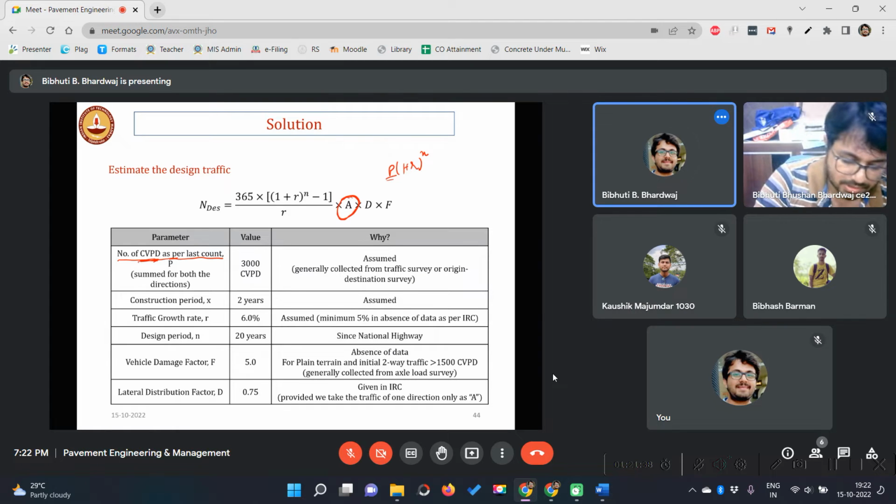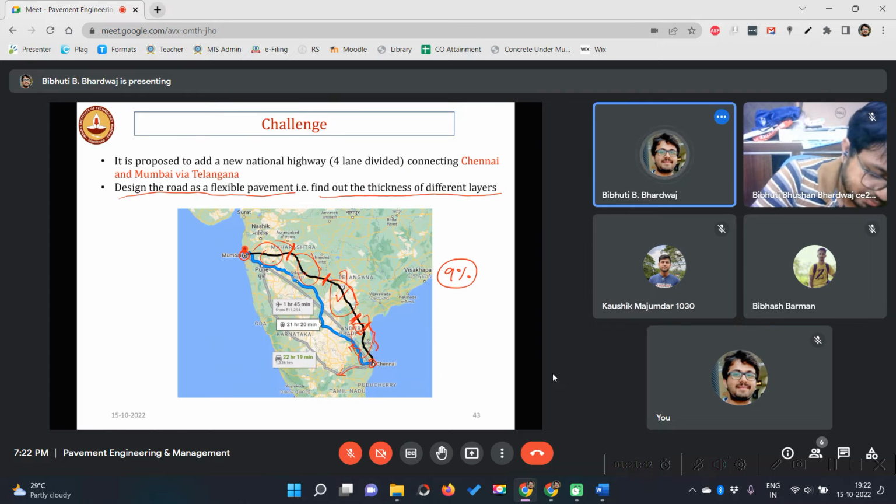Okay. So, but the other thing you have to notice here is that it is a national highway, which is 4 lane divided.